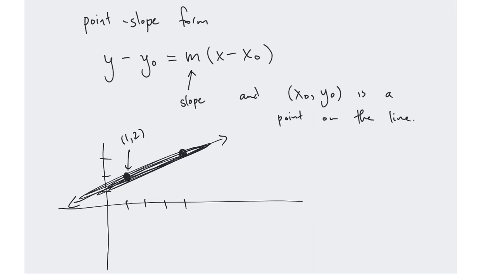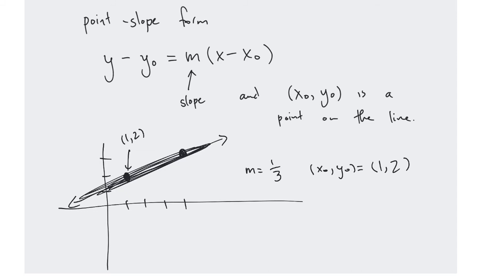I think it goes up by 1 and over by 3, right? If my picture is correct. So in this case, the m is 1 over 3, right? Up 1 and over 3, that's the slope. And then this special point, the x naught, the y naught, is that point 1, 2. You could have also used the other point if you wanted to. You'd get the same answer eventually, although the intermediate steps might not look the same.